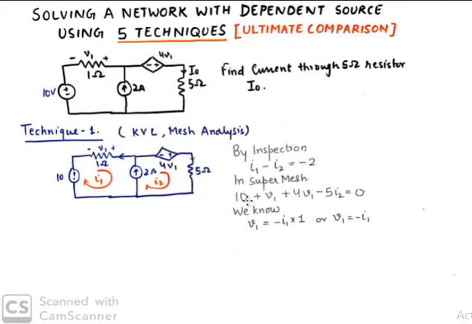So this is 10 and going from negative to positive, so with a positive sign we have 10, then again going from negative to positive we have a voltage drop of V1, then again negative to positive a voltage drop of 4 V1, and because the direction of the current is this, so this will be plus, this will be minus, so we're going from positive to negative, so a minus sign 5 I2.